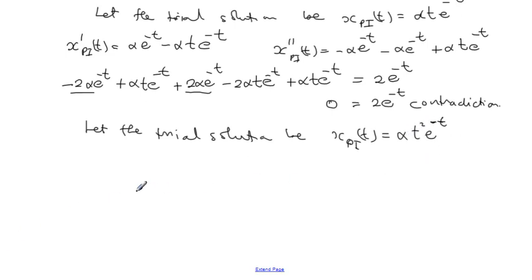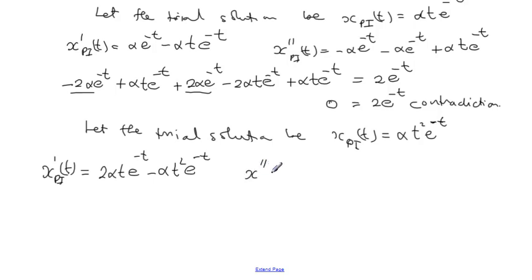Now, having this trial solution, differentiating x pi prime, differentiate this product, we're going to get 2 alpha t e to the power minus t minus alpha t squared e to the power minus t. That will be our first derivative.